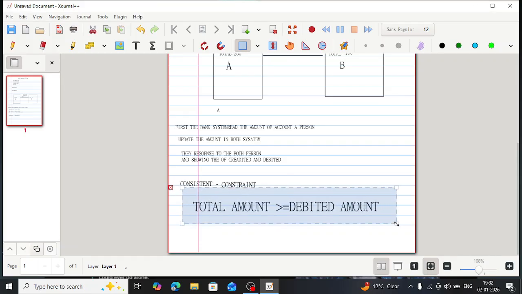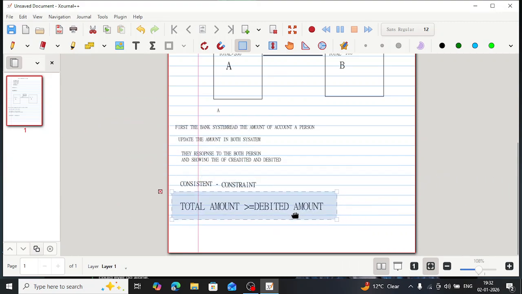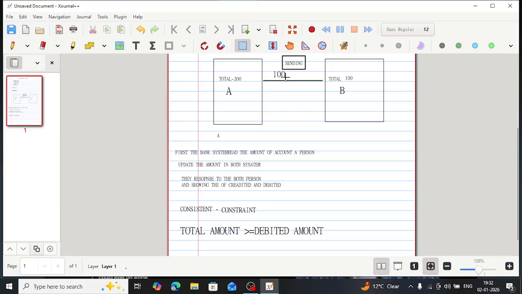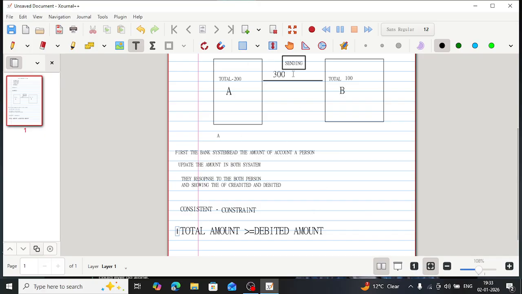When any transaction occurs, this condition must be followed. If in the place of 100 rupees the amount is 300, then this condition is not followed, so the transaction will not be started.